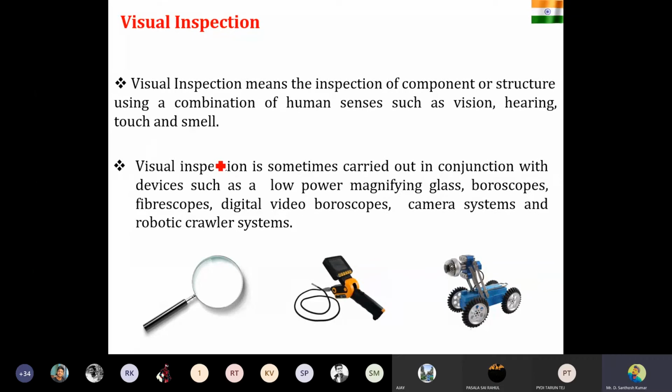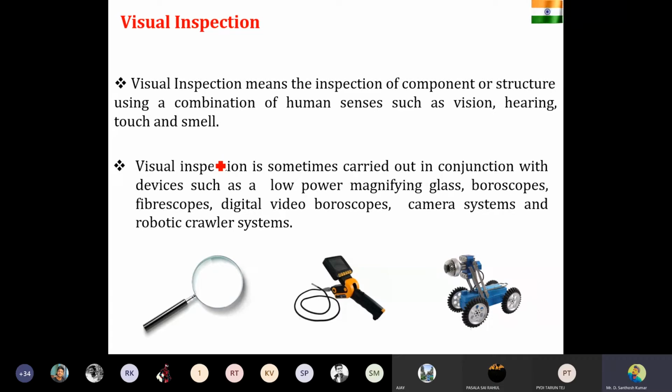Otherwise you can go for magnifying lenses. But if there are complex places that are not possible for a human to enter or see, then we go for more techniques.